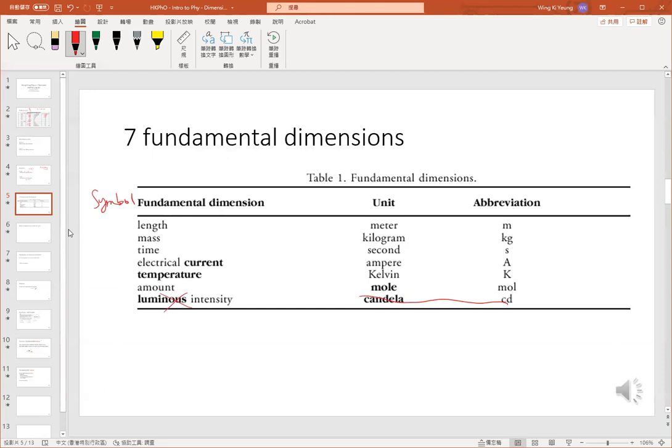For this course, most likely you will just use the dimensions of length, mass, and time, because it is about mechanics. Current is about electricity, the topic of electromagnetism. Temperature is about the topic of heat. Amount is also about heat, and gases. We just use these three in mechanics. So most likely all the quantities will have a dimension that is a combination of length, mass, and time in this course.